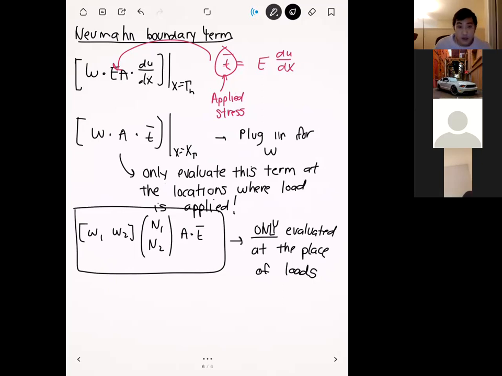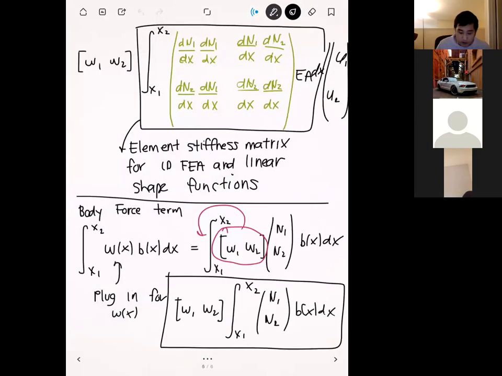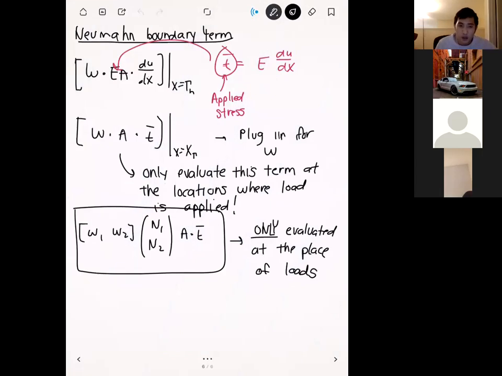Now that we have all of this, we can put it together with all of our other expressions. Remember, our weak form was comprised of all three of these terms: two integrals and one boundary term, which came about as a result of the integration by parts.